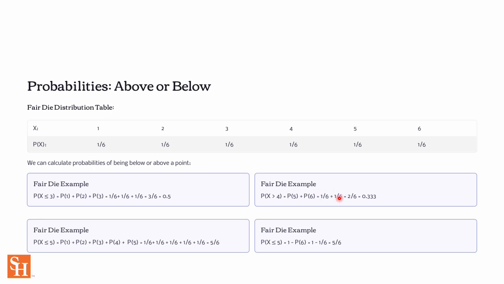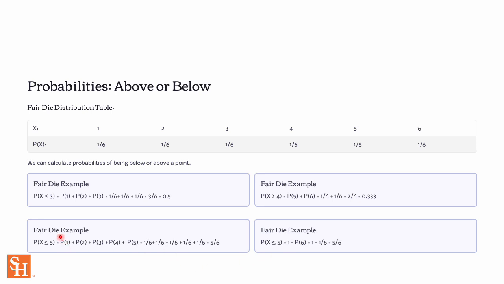What is the probability that the die will show 6? 1 over 6. If you take the sum of these two, it would be 2 over 6, which is like 0.333. That means if you throw a die, there is a 33% chance that you will get more than 4, or in other words you will get 5 or 6, right?